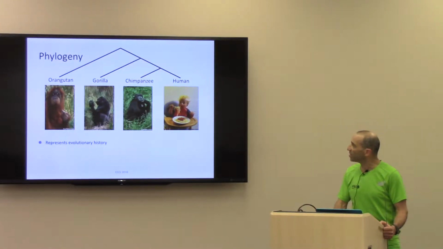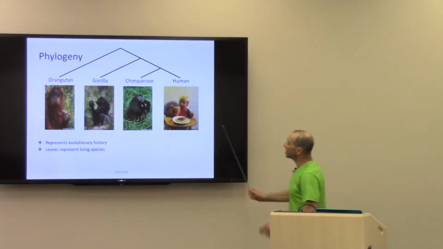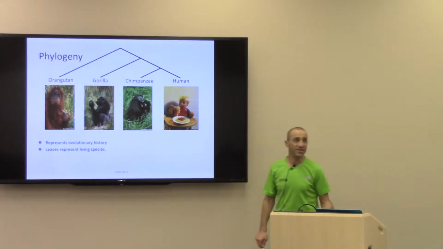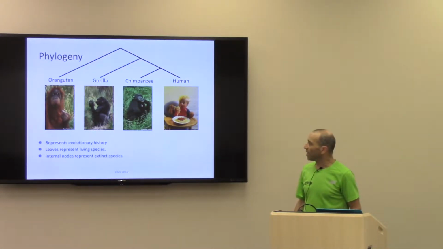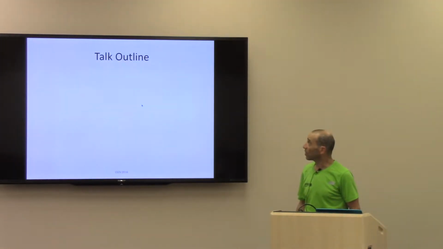It's a tree over a set of species, a set of organisms, that represents the evolutionary history of these organisms. The species set are located at the leaves, internal nodes represent extinct species or speciation events, and branches represent evolutionary relationships.